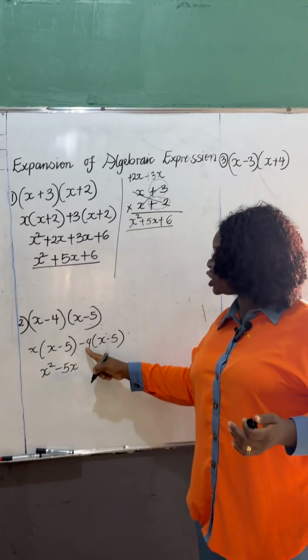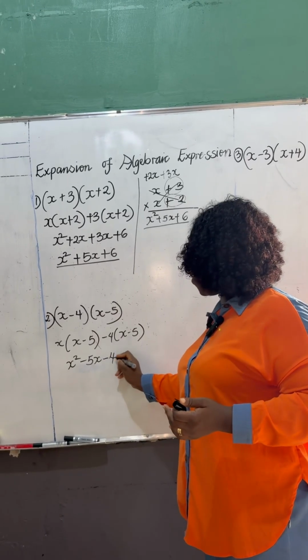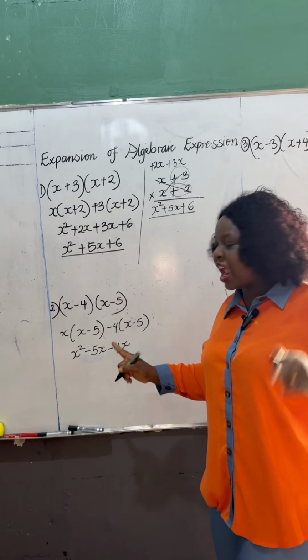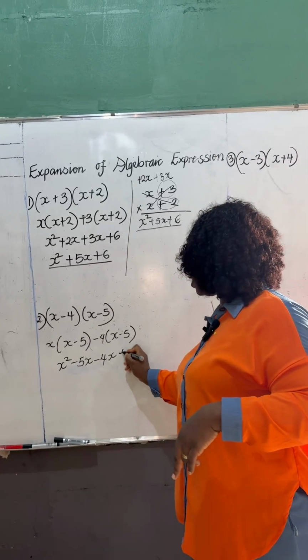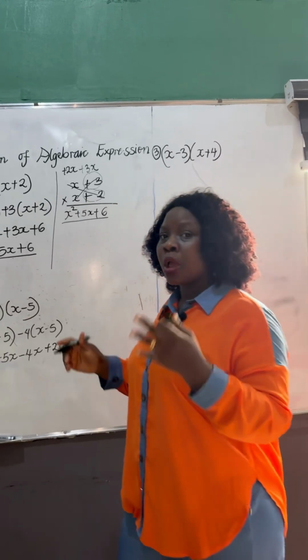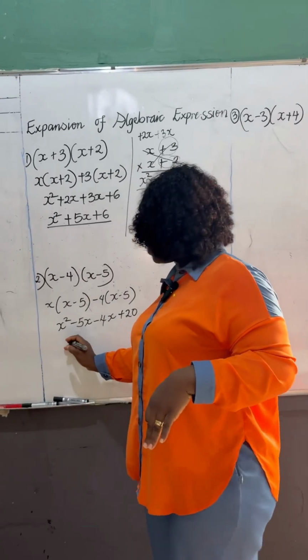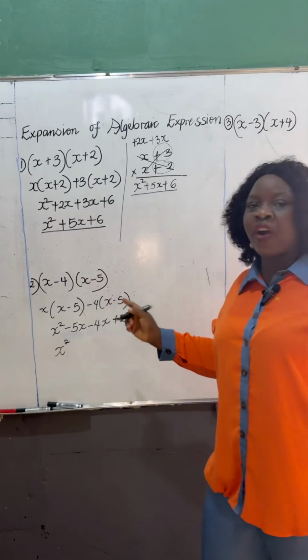We have minus 4 times x will give us minus 4x. Then here, minus 4 times minus 5 will give us plus 20, because minus times minus is positive.